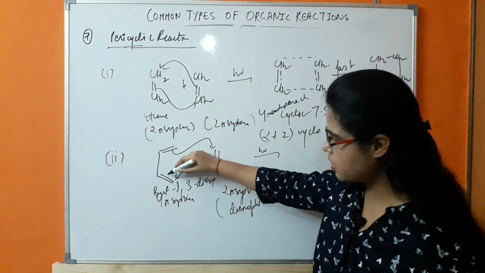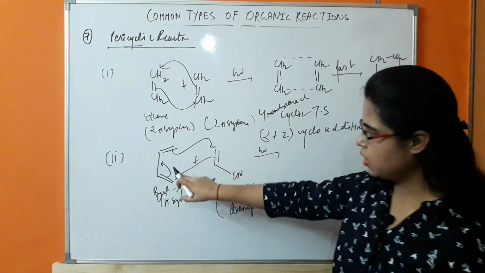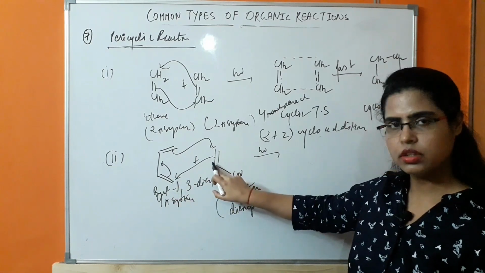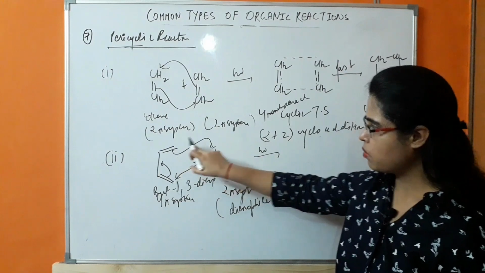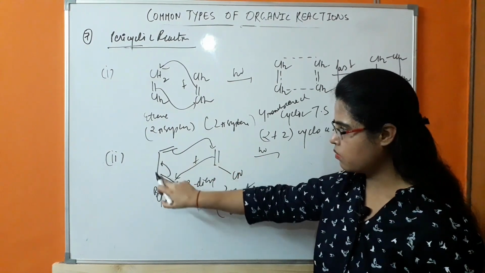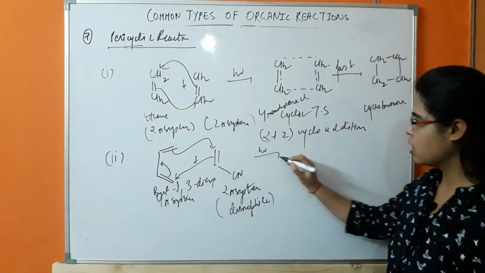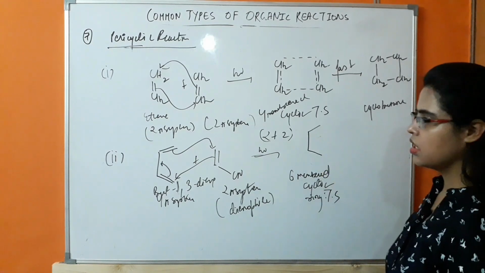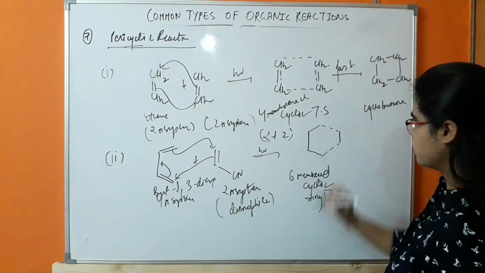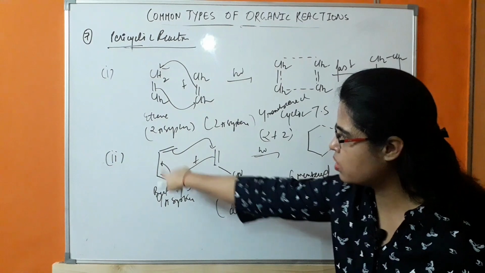this double bond will be shifted to this carbon, and this double bond will be shifted to this carbon. So when this bond is shifted to this carbon, it forms a single bond in this position. This bond will be shifted to this side, so there will be one single bond, and this bond will be shifted to this side, so there will be formation of a double bond. These are the 2 bonds which are formed, and this bond is shifted to this side.